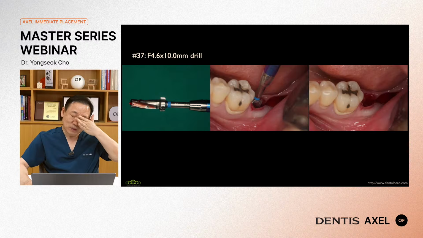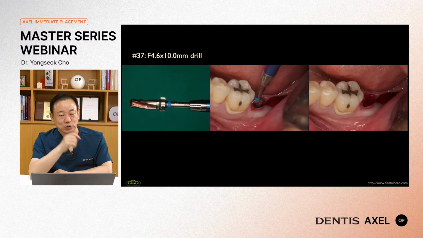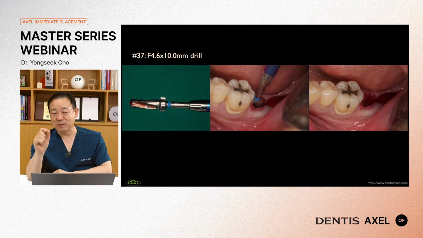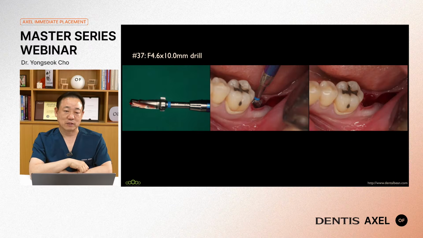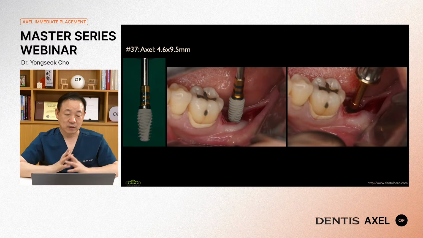When the patient can open widely, even if it is 7, I use an extension. A short drill cannot see the path well, and it frequently causes interference from number 6. Okay, to keep the path well, I used a very long drill, and then a 4.6 by 9.5 millimeter XL implant was placed.